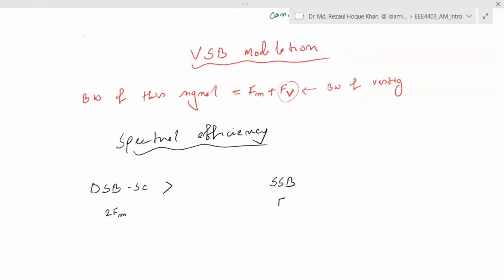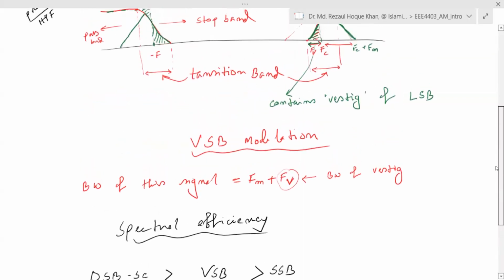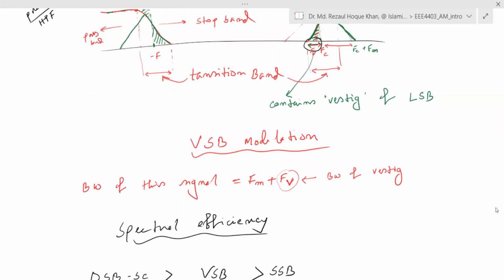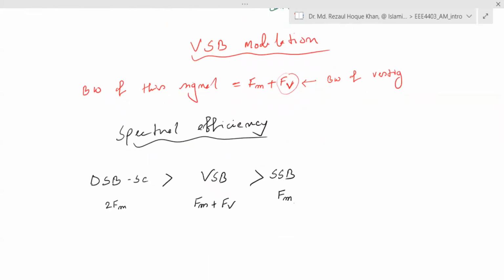Which needs a bandwidth of FM, as we have seen in our previous example. But the vestigial sideband is in between, because it needs FM plus a small portion of additional bandwidth. So its spectral efficiency is in between single sideband and double sideband. It needs additional bandwidth because of the practical low pass or high pass filter.